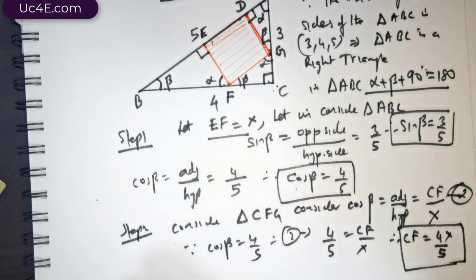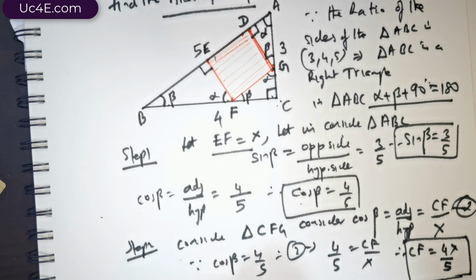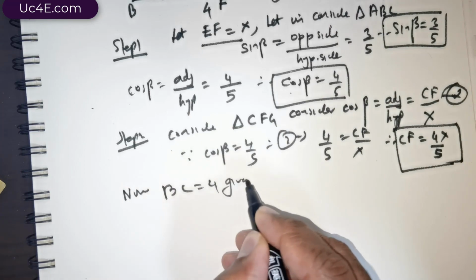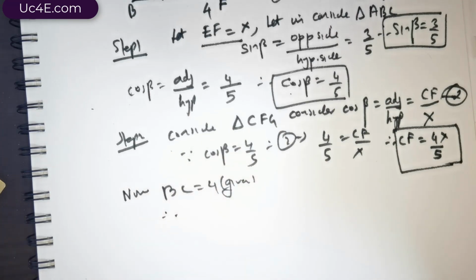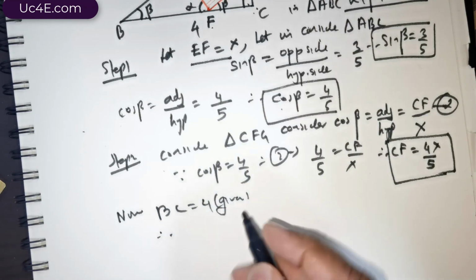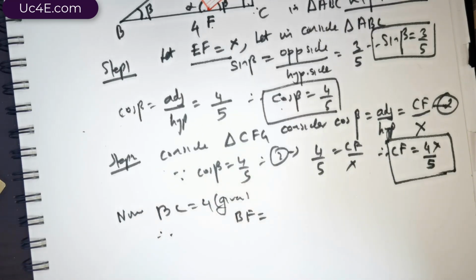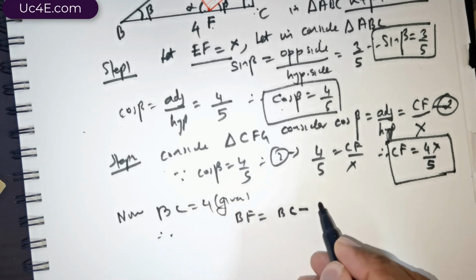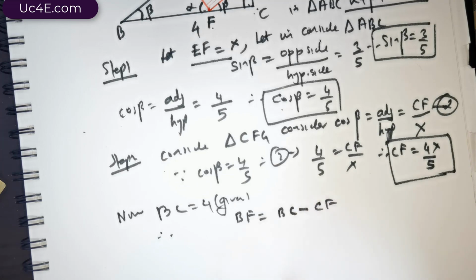Now what is BC? BC is equal to 4 units. It's already given. Therefore, I want to obtain BF. BF is going to be from BC: I need to take away CF.